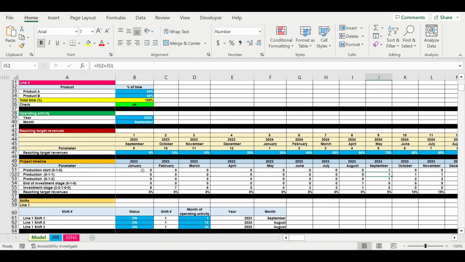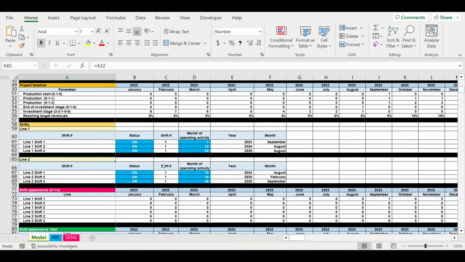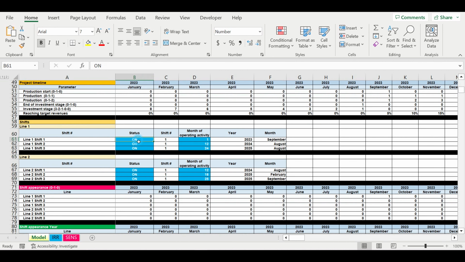So now let's move to shifts. We assume that we have two lines, and each line may have 3 shifts at maximum.